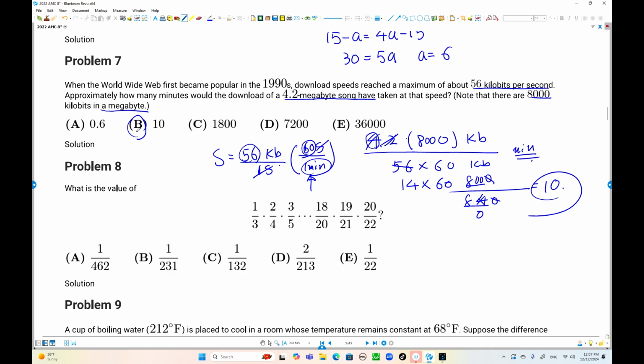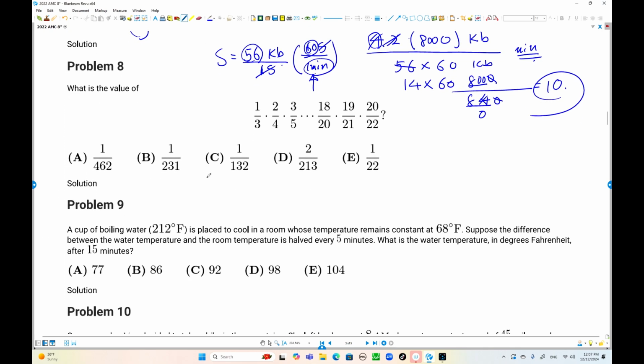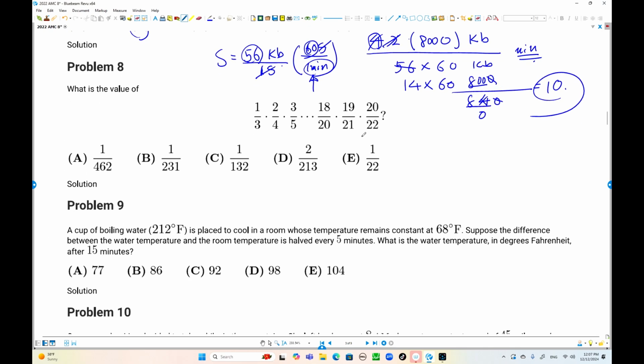Just an approximate number. The number 8, we have a telescoping product. So what is the result here? Check out the first. Which numbers will be cancelled out? 3 is cancelled out. 4 over here will be cancelled out. The 5 over here is cancelled out. Still, we have the first 2 in the numerator.